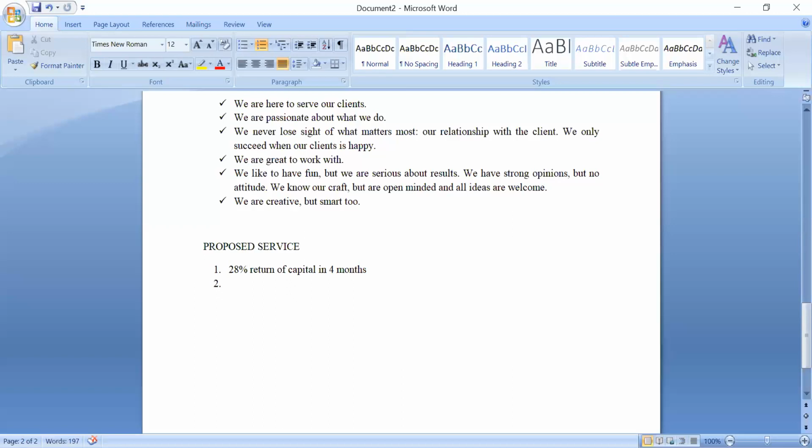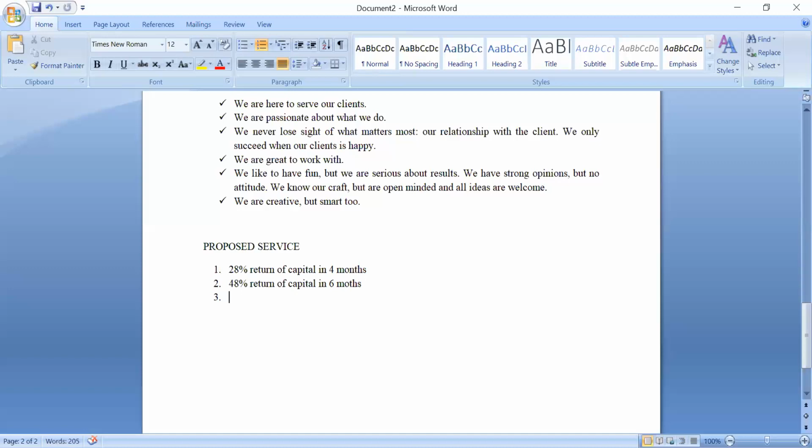The second one is we have 48% return of capital in 6 months. We have that.